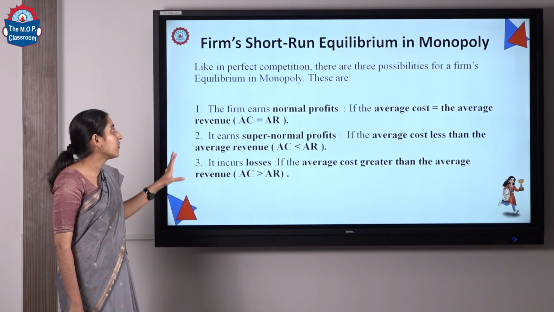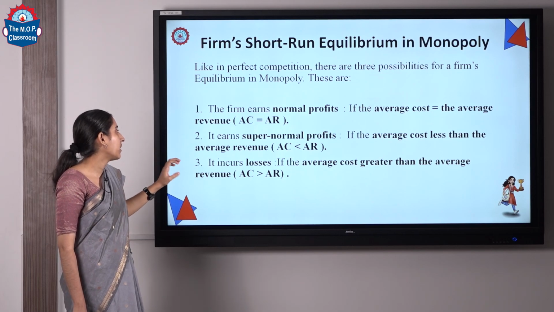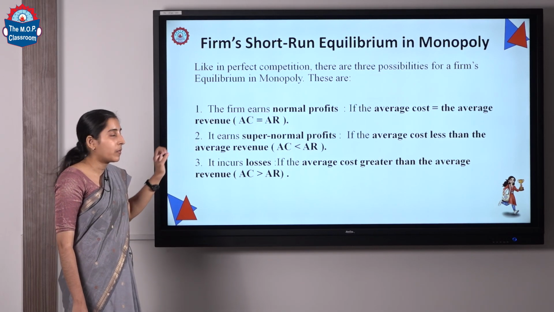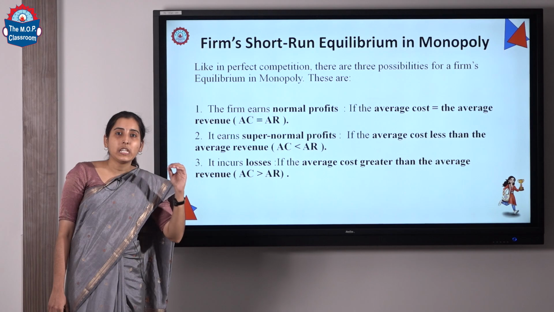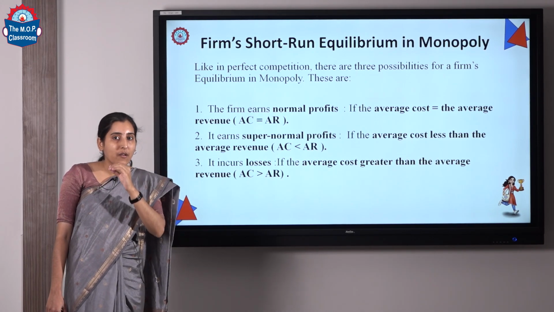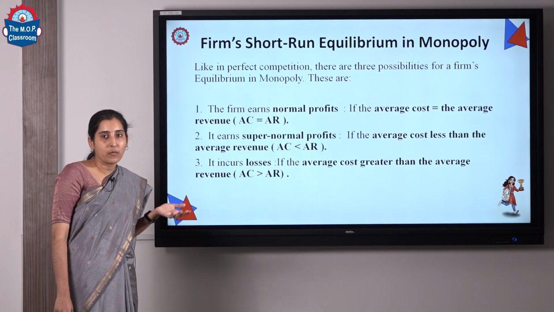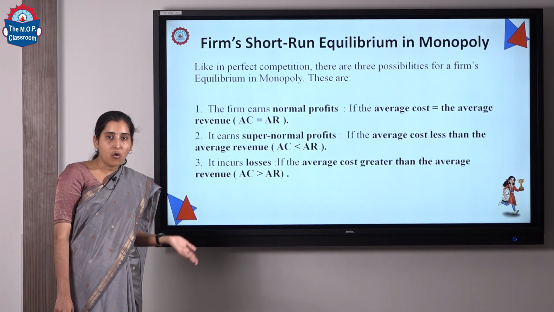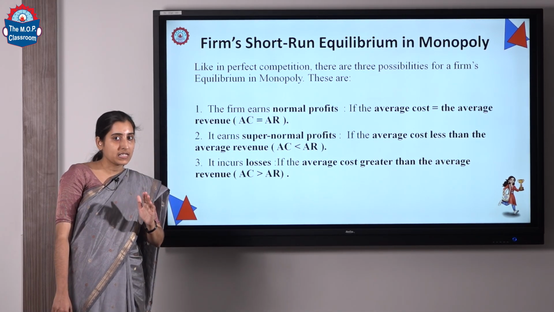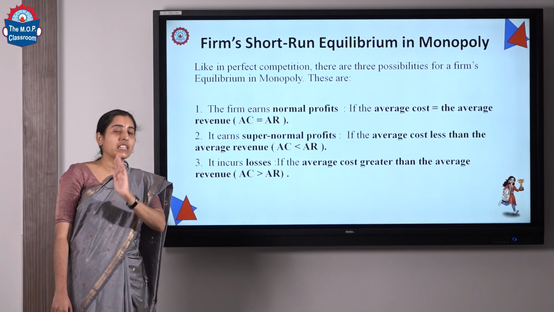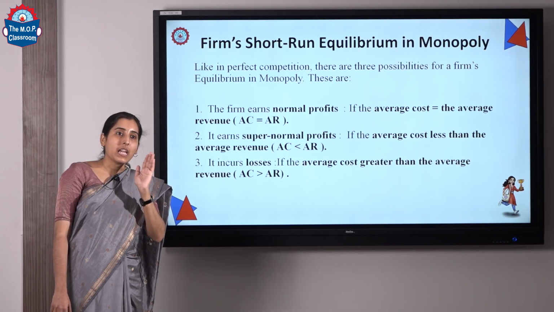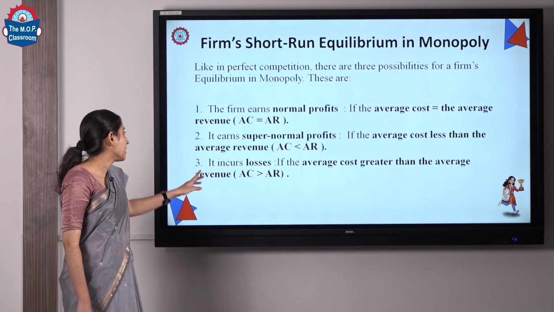How do we derive this normal profit, supernormal profit and loss? When you talk about the normal profit, the cost equals the revenue, that is, the average cost equals the average revenue. When you talk about the supernormal profit, the revenue is more than the cost, that is, the AC is lesser than the AR, or the AR is greater than the AC.